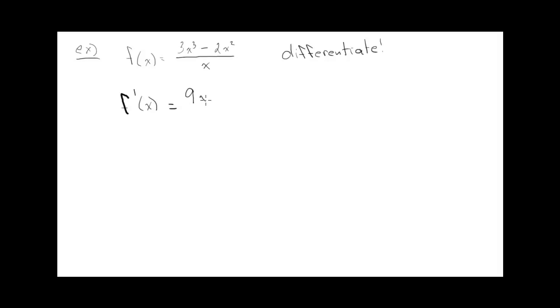So it would be 9x squared minus 4x times the denominator, which is just x, minus, leave the numerator, times the derivative of the bottom, which is just 1, derivative of x is 1, all over the bottom squared.